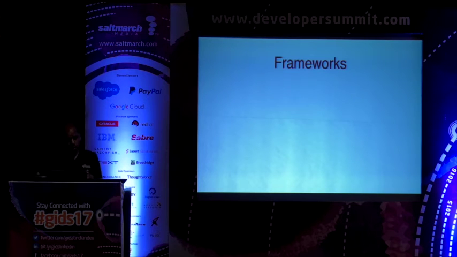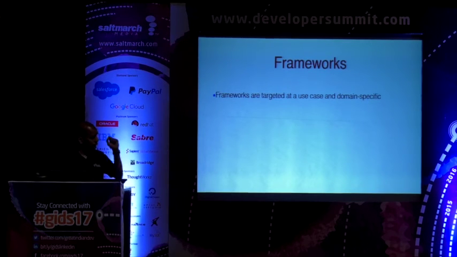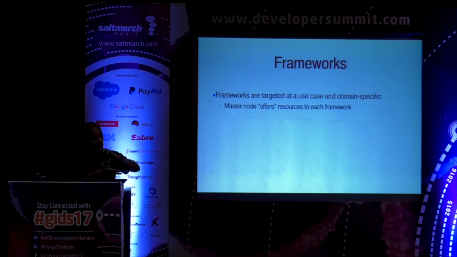So here I am on my, what are frameworks? Well, frameworks are targeted at a specific use case. So think about Hadoop, think about Spark, think about Marathon. Marathon is particularly targeted at Docker containers. They're very domain specific. So the master node, because it has an aggregated view of the slaves, offers resources to each framework. It makes an offer that, hey, you know what?